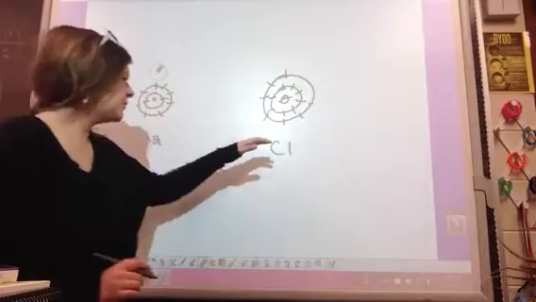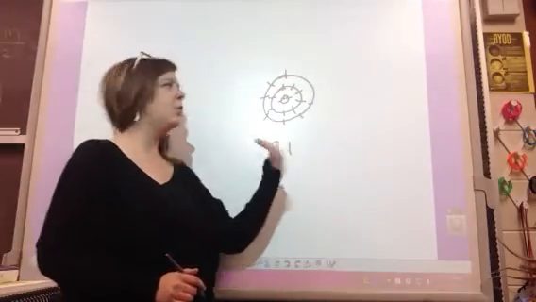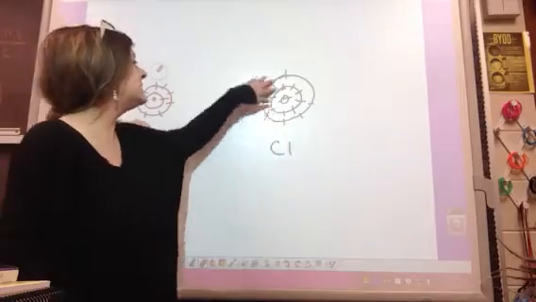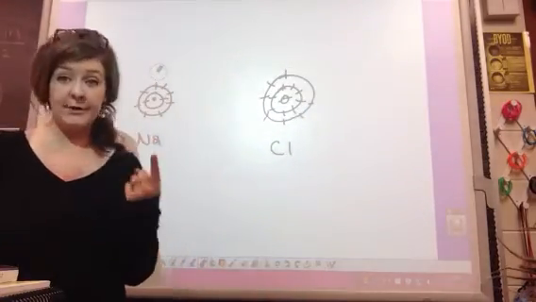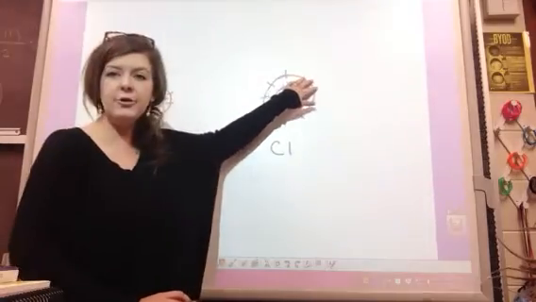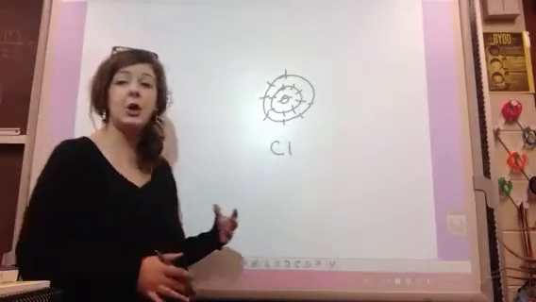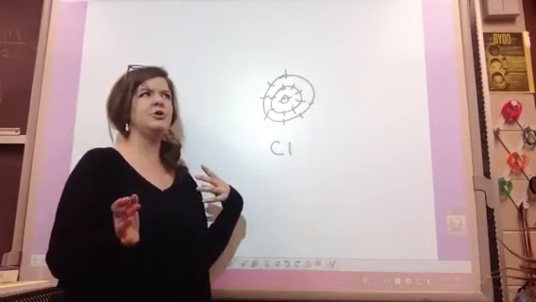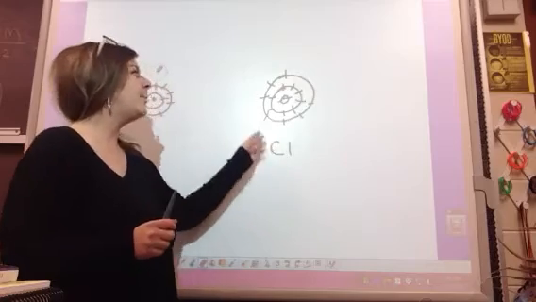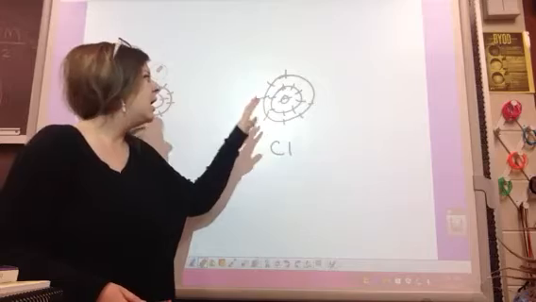Let's think about chlorine though. They're in the same energy level, in that same row, right? Well, chlorine has 7 valence electrons, so it only needs 1 more electron to fill that outer shell, and that way its electron configuration can behave like a noble gas. So in terms of chlorine ionization energy, does chlorine want to give up any of its 7 valence electrons?